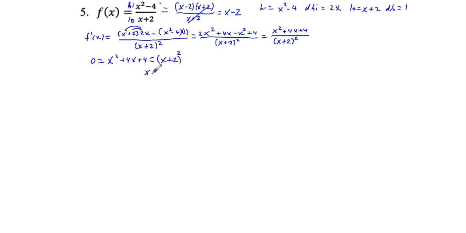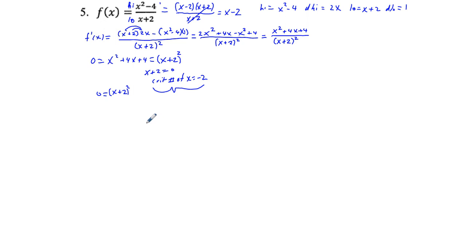If we set x plus 2 equals 0, we have a critical number of x equals negative 2. And then our denominator, likewise, we can set to 0. It's the same thing, x plus 2 squared equals 0. So that's also a critical number of negative 2. So this would be a single critical number, x equals negative 2.